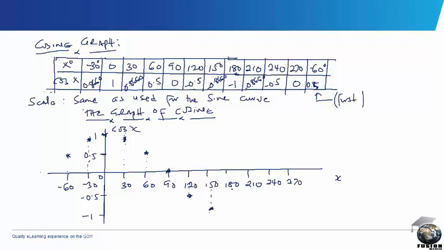For 180 we have minus 1, for 210 we have minus 0.86, and for 240 we have minus 0.5, that's the point there. And then for 270 we have 0.